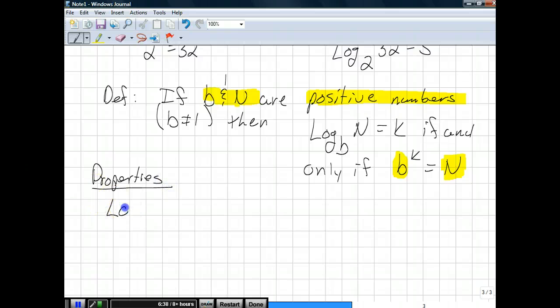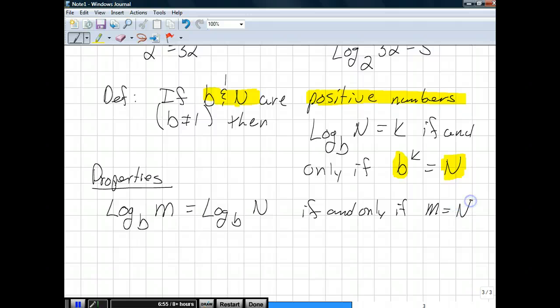So if we have log base b of m equals log base b of n, that's only true if and only if m equals n. Okay?